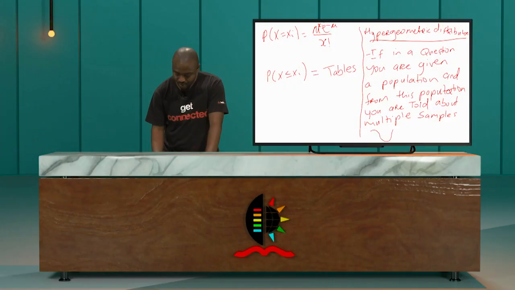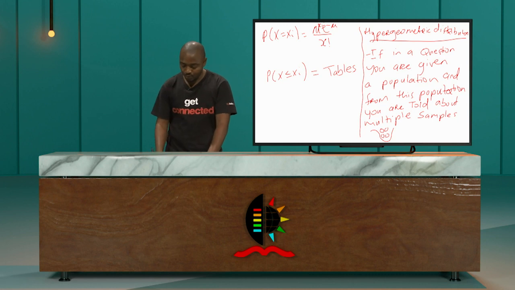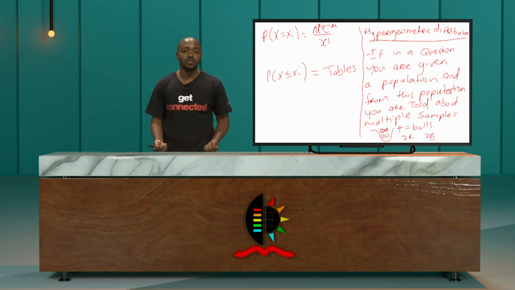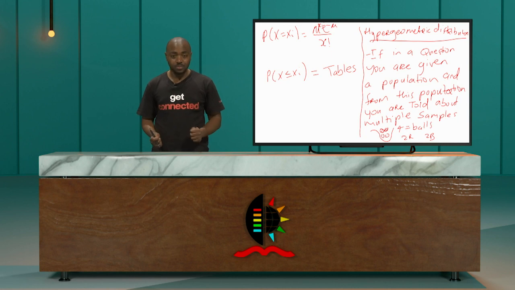For example, if I tell you that I've got a bowl, right? In this bowl I've got 4 balls, right? Now this is my population. Out of these 4 balls, 2 are red, 2 are blue. Then I know that I'm dealing with hypergeometric distribution.